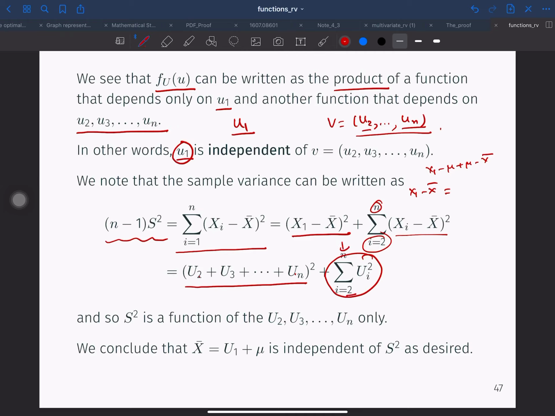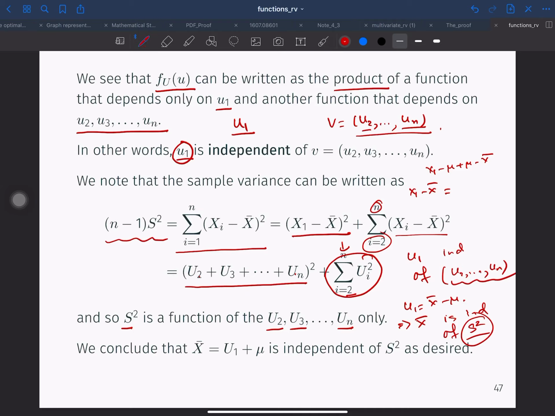So s squared is purely a function of the random variables u2, u3, up to un. Because u1 is independent of u2 up to un, and because u1 is equal to x bar minus mu, we have that x bar is independent of s squared.